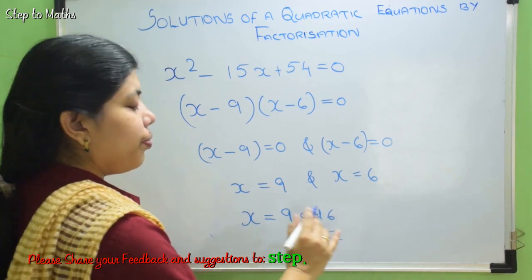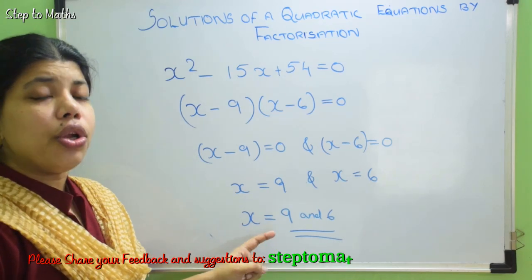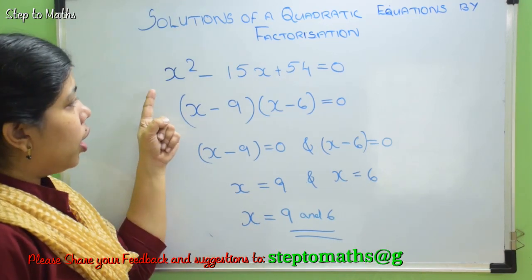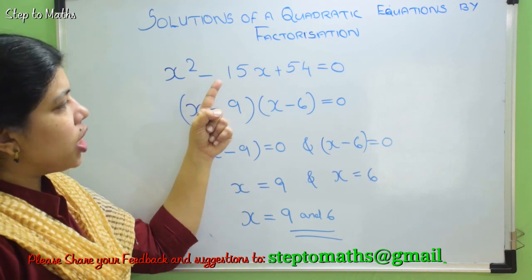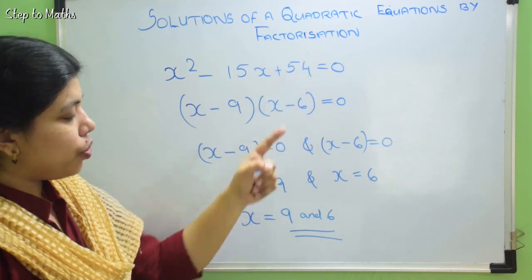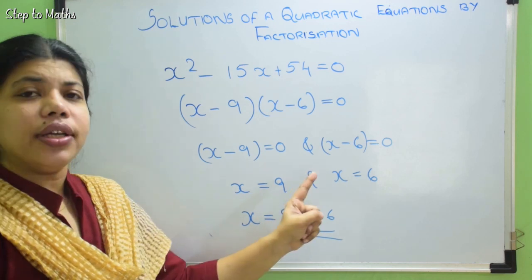The solution or roots of the quadratic equation x square minus 15x plus 54 is equal to 0 are 9 and 6.